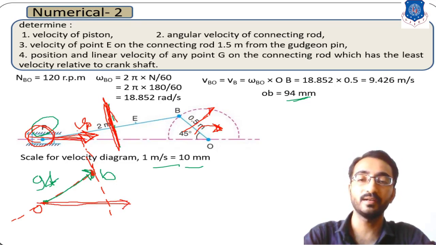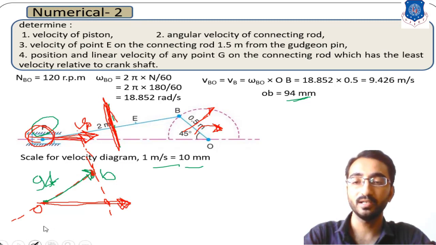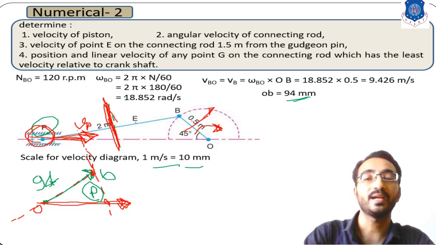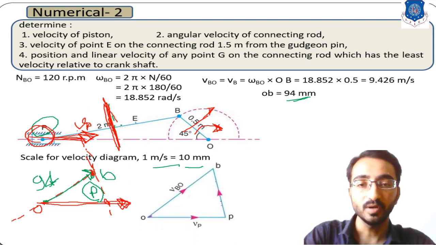The direction of velocity of slider is also in the horizontal direction. So by joining these 2 points, we can say this intersection point will give you the position of this point P, which is slider of your single slider mechanism. So in this way you can sketch velocity diagram of this arrangement.